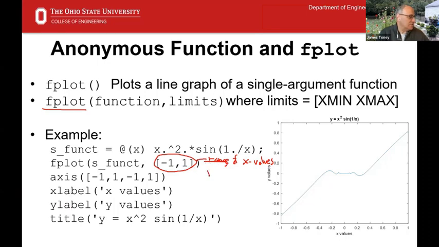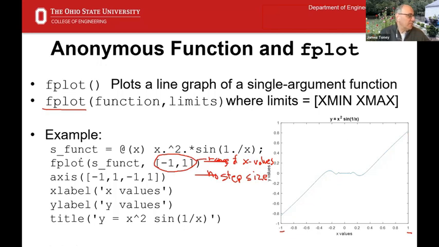And notice there's no step size given here. MATLAB will figure that out automatically. You just tell it, I want to plot this between -1 and 1, and it will figure out, based on how rapidly the function changes, what to use for the step size. Okay.